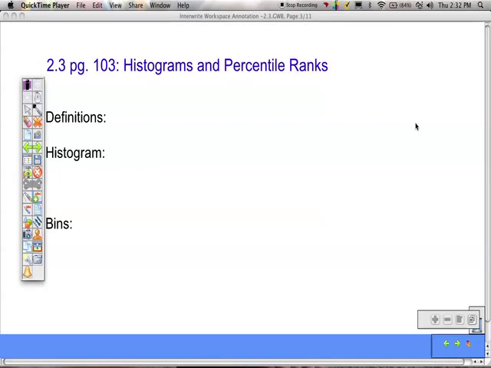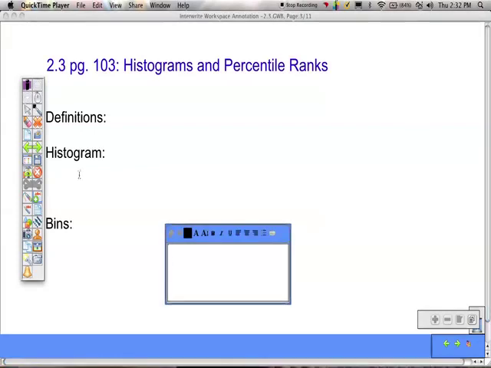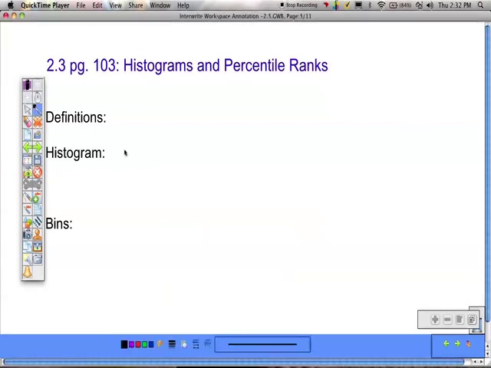The main difference between a histogram and a bar graph is that a histogram uses bins instead of bars. So we'll go over the difference between the two, and I'll write that up as well. So a histogram, write this up, uses bins instead of, or versus, bars.